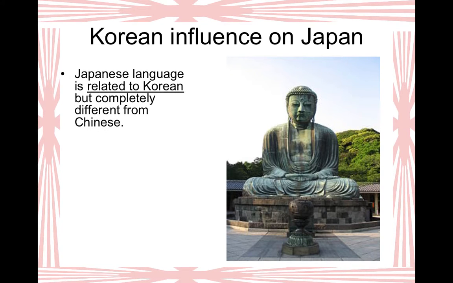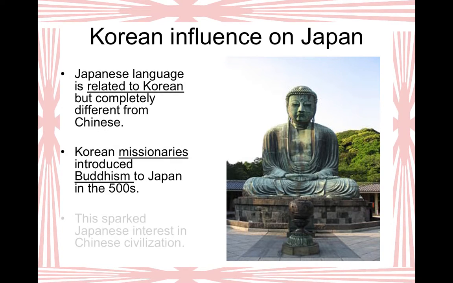So let's talk about the influence of Korea on Japan. The Japanese language is related to Korean. They're fairly similar. You guys will work on some Duolingo stuff with Korean and Japanese, and you'll be able to see the differences in the characters.